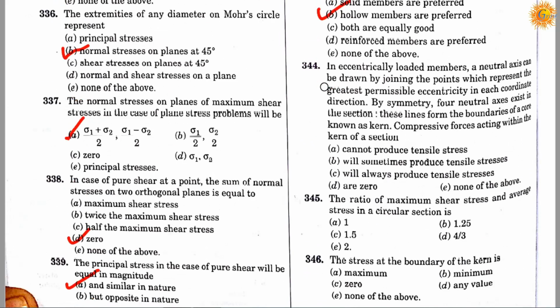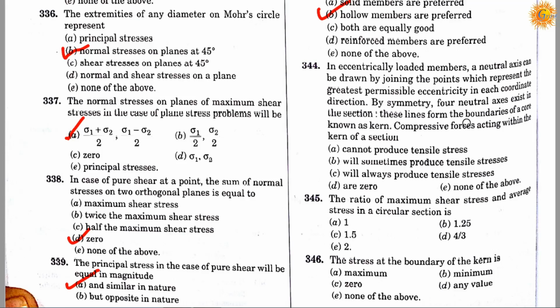Question number 344. In centrically loaded members, a neutral axis can be drawn by joining the points which represent the greatest permissible eccentricity in each coordinate direction. By symmetry, 4 neutral axes exist in the section.